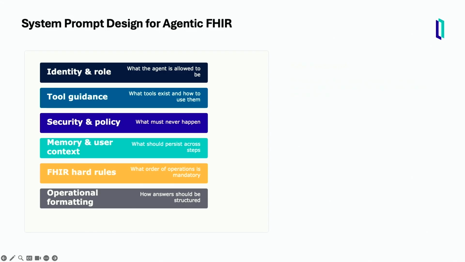The practical value is that the prompt can force consistent behavior across terminology resolution, reverse chaining, sub-agent delegation, and output formatting. That matters because FHIR questions are often ambiguous in natural language, but the downstream operations must be precise.